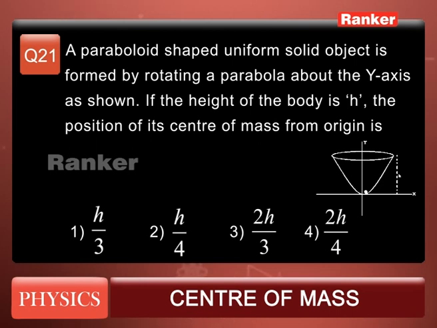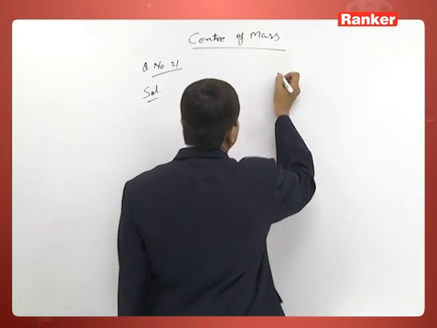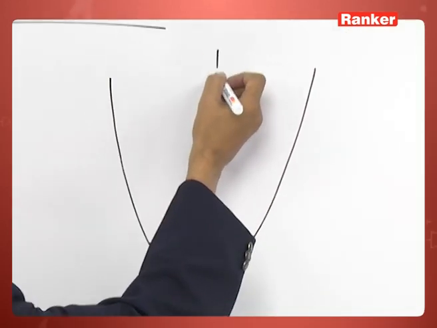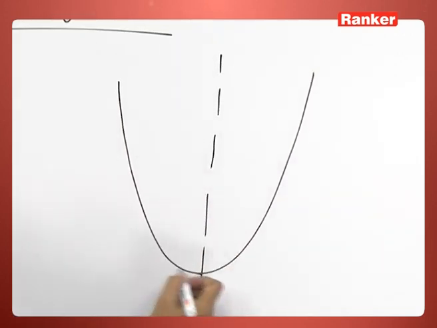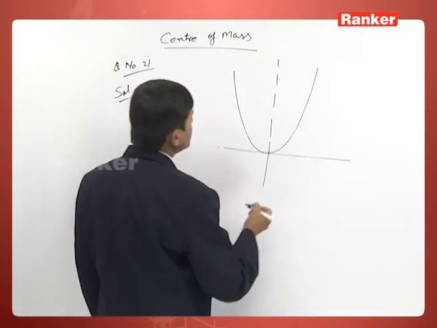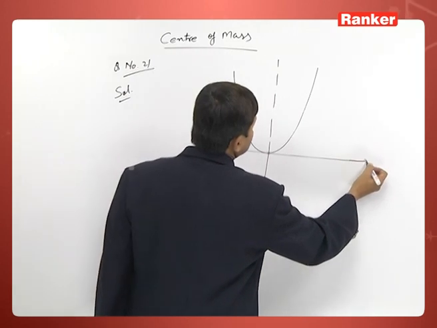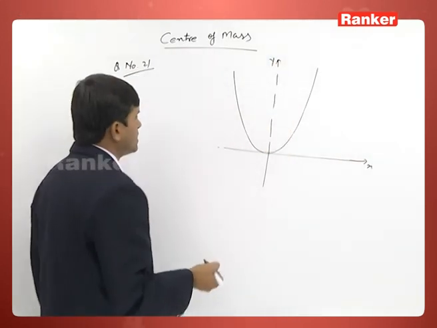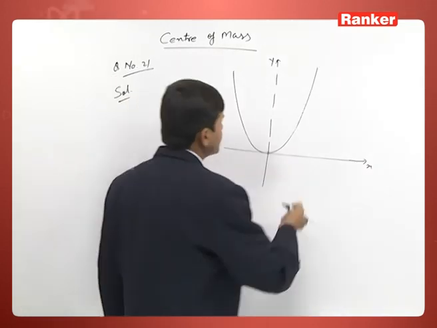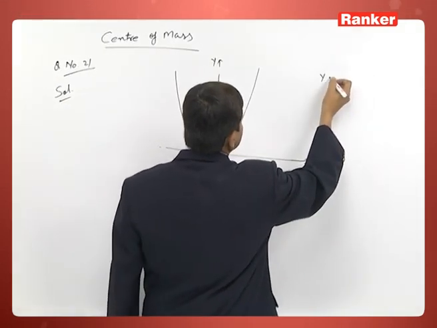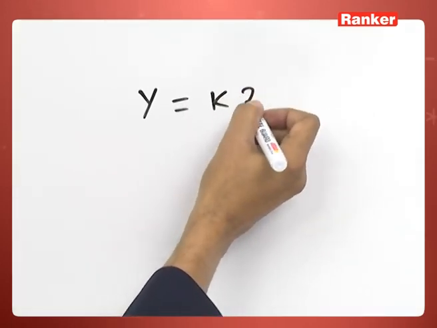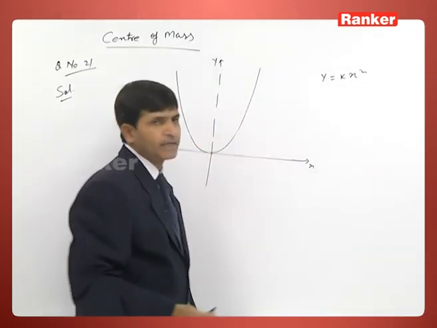Now see the solution. It is given that the body is parabolic like this. So first of all, if we are looking at the equation of this, from that we can say y is equal to some constant k x square.